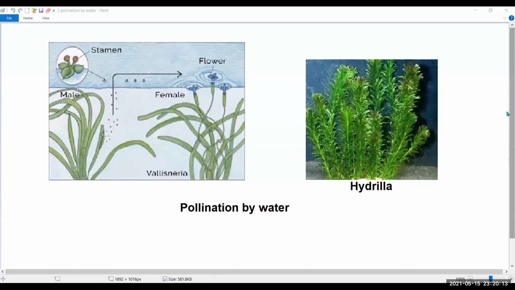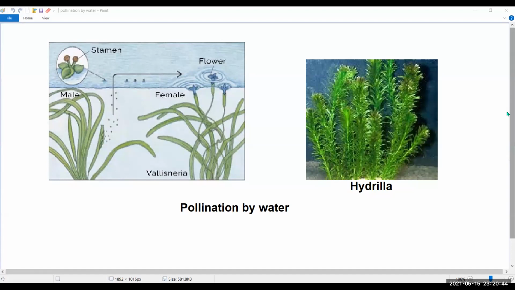Now, children, pollination by water occurs in aquatic plants such as hydrilla and Vallisneria. In Vallisneria, initially, the male flower is submerged in water. On maturity, it gets detached and floats on the surface of water.